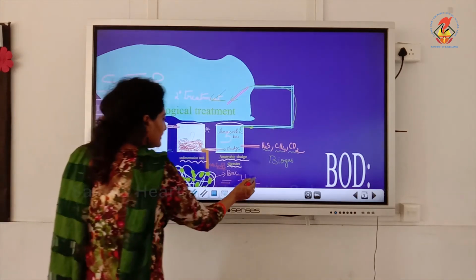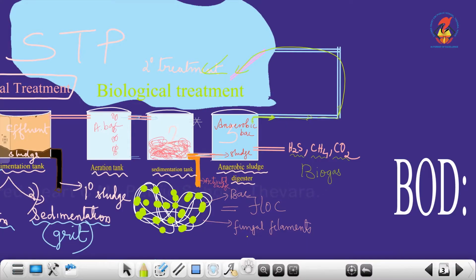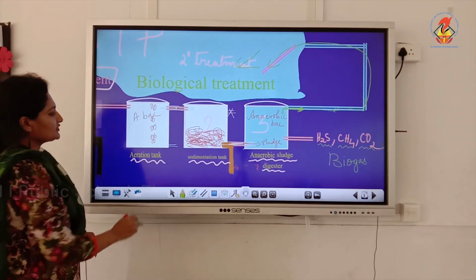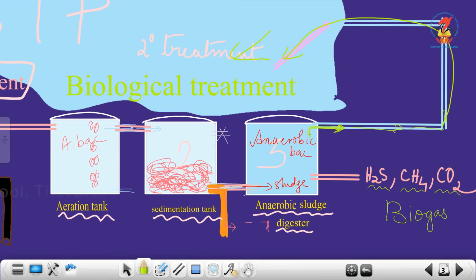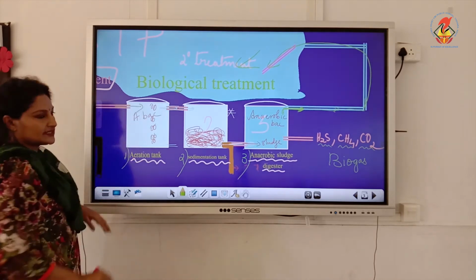So once again, let's take a recap of the biological treatment. Biological treatment involves 3 stages or 3 tanks. The first tank is the aeration tank, second tank is the sedimentation tank, and the third tank is the anaerobic sludge digester. After the primary treatment, the effluent is dumped into the aeration tank.